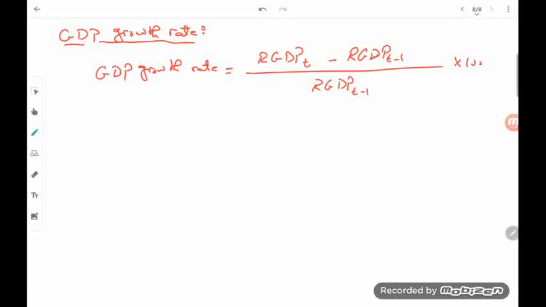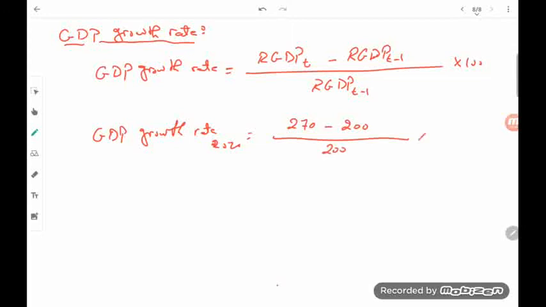So using our example, we have to calculate GDP growth rate for year 2020. It's going to be calculated as real GDP for year 2020, which is 270, minus real GDP for year 2019, which is 200, divided by real GDP for year 2019, which is 200, multiplied by 100.